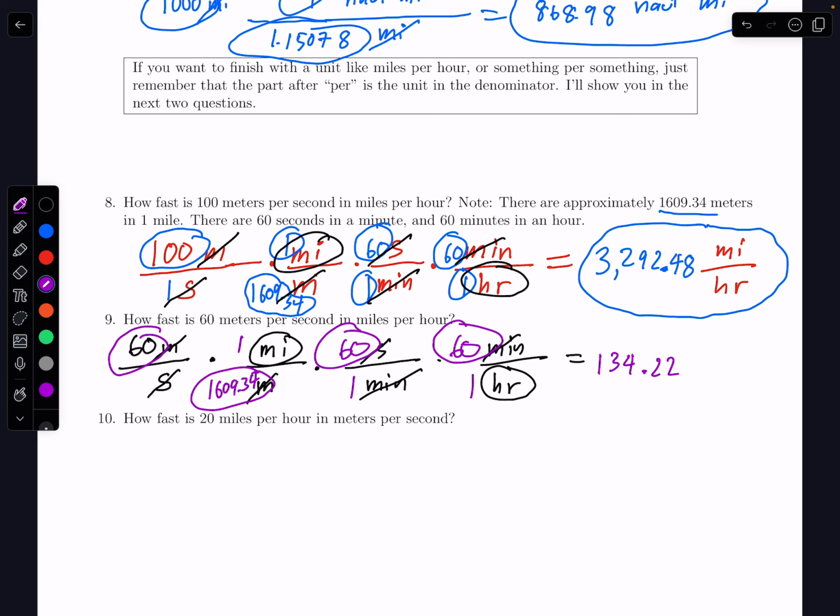Okay. 60 times 60 times 60. Looking at it, I think I must have made a mistake earlier. Oh yeah, this number was off. I missed a 0. Sorry guys, because otherwise it wouldn't make sense because these are so far apart. I didn't miss a 0. I missed the number when I was typing.